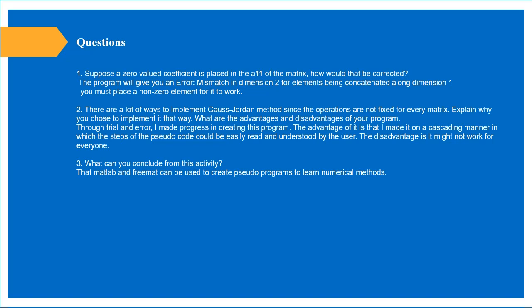And the advantage of it is that I made it in a cascading manner, in which the steps of the pseudocode could easily be read and understood by the user. The disadvantage is that it might not work for everyone, because everyone thinks differently.